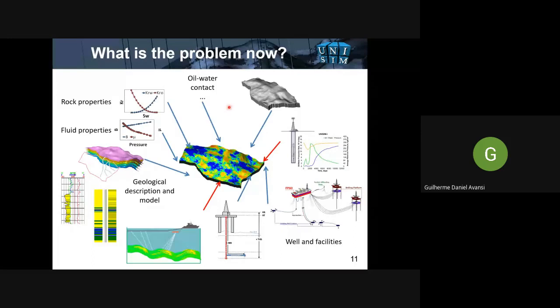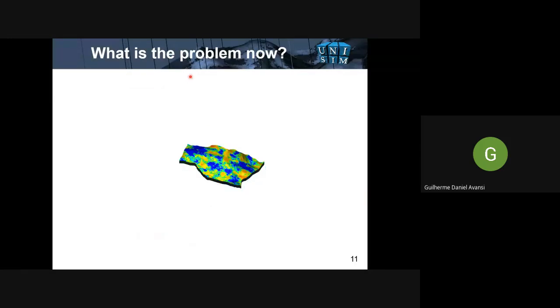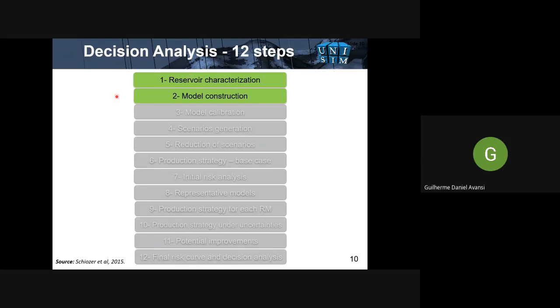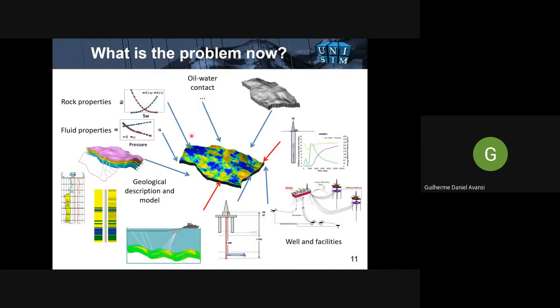Okay. So what's the problem that we have here? Just to remember, we are in this step, the model construction. When we are in the model construction, we have a problem. We have several pieces of information that we must include in our reservoir simulation model.